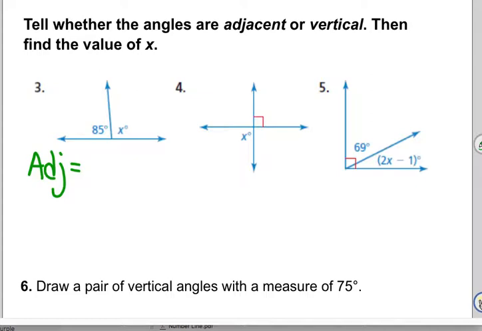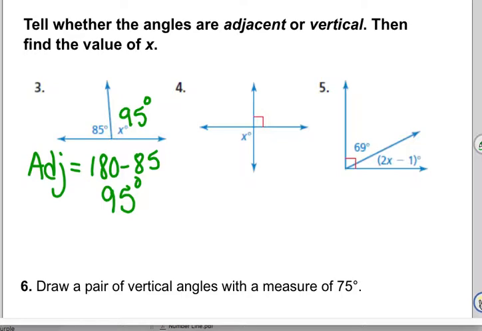So what is the missing angle? What is x? I've got one that says 95 degrees. Do you agree with her? Yeah. Okay? Because if you take 180 minus 85, the missing angle is 95 degrees. Good.